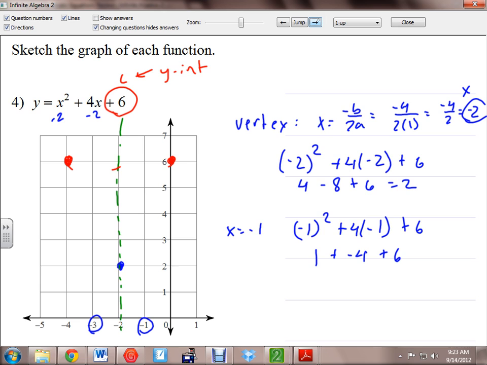And 1 minus 4 is -3, plus 6 is +3. So whenever we do that, we put in a -1 and we got out a +3, and so that is a point that's on my graph, which is 1 away from the axis of symmetry, so I can go 1 away on the left as well. We can then draw our U down through the 5 points that we have, and this is the graph of y equals x squared plus 4x plus 6.